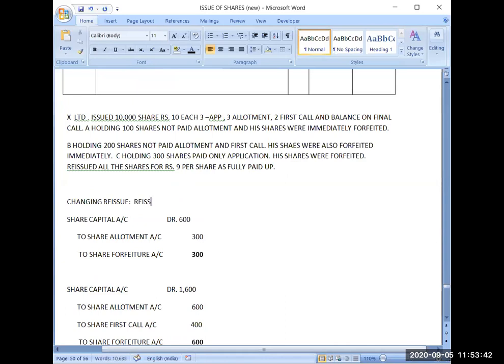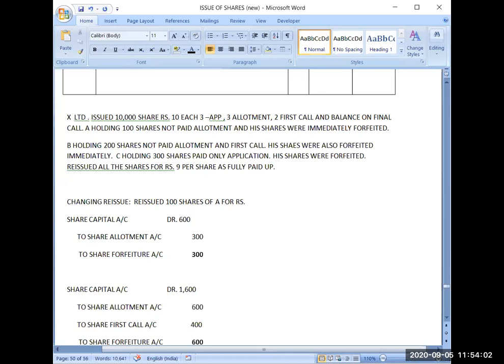Reissued 100 shares of A for rupees. Pro rata allotment will be started. It will take time to start.